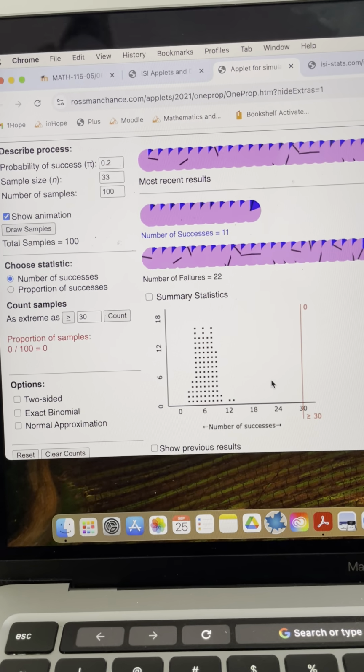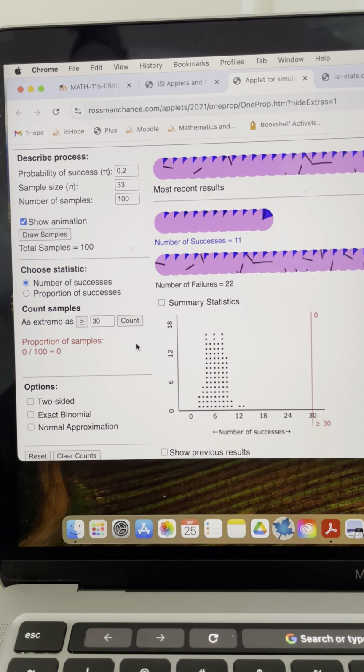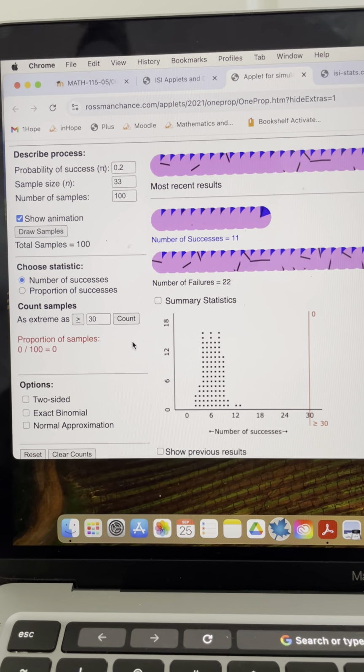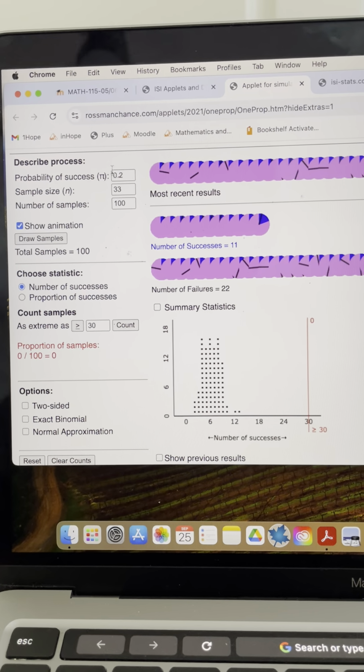And our p-value of 0 is telling us that this distance, this value is so far away from the 0.2 that it's very unlikely that 0.2 is the real proportion value.